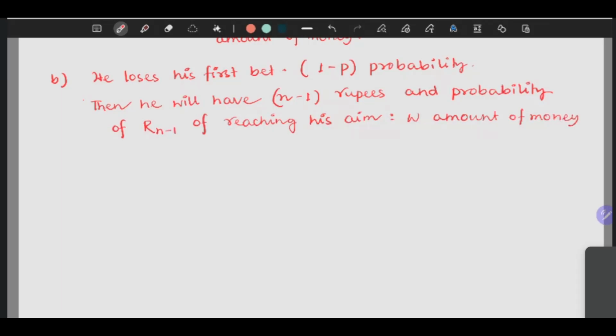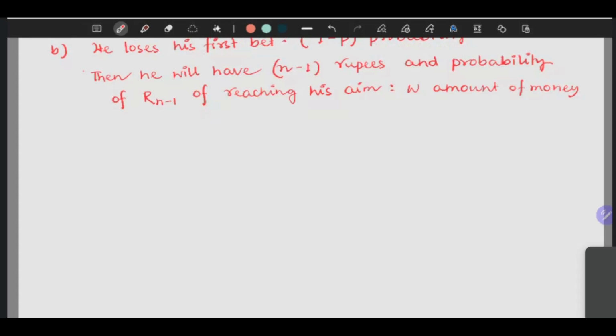Okay, so now if you get these two probabilities, then you can get the total probability of reaching his goal.